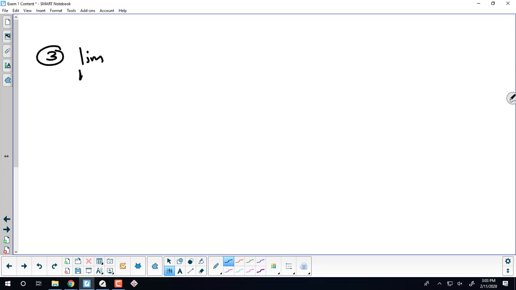Compute the limit as h approaches 0. Our function is the square root of 5x plus 5h, all of that minus the square root of 5x, and then all of that is over h.